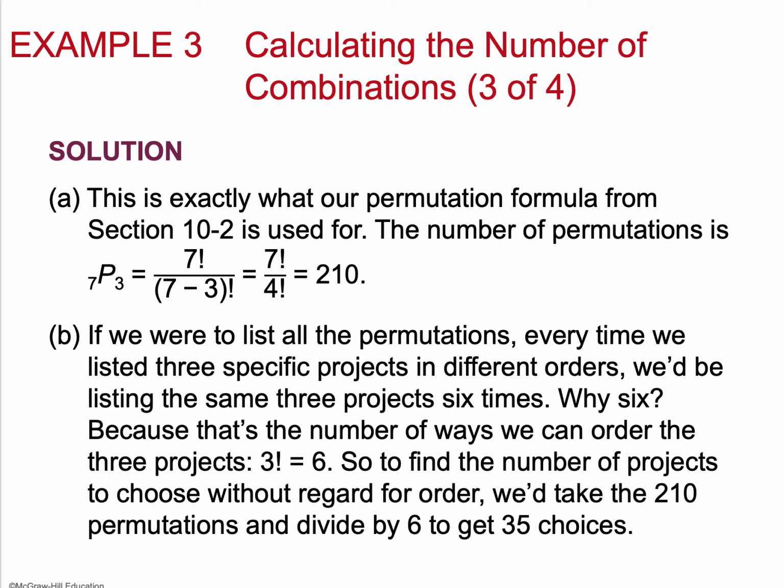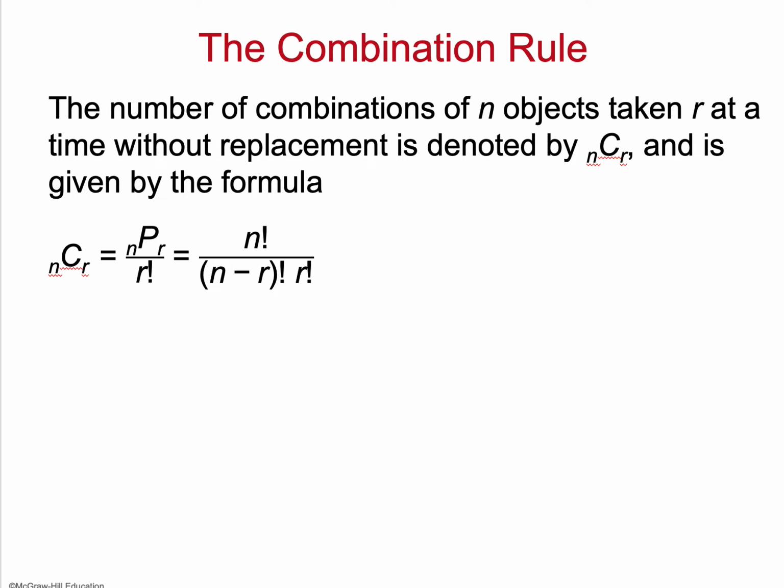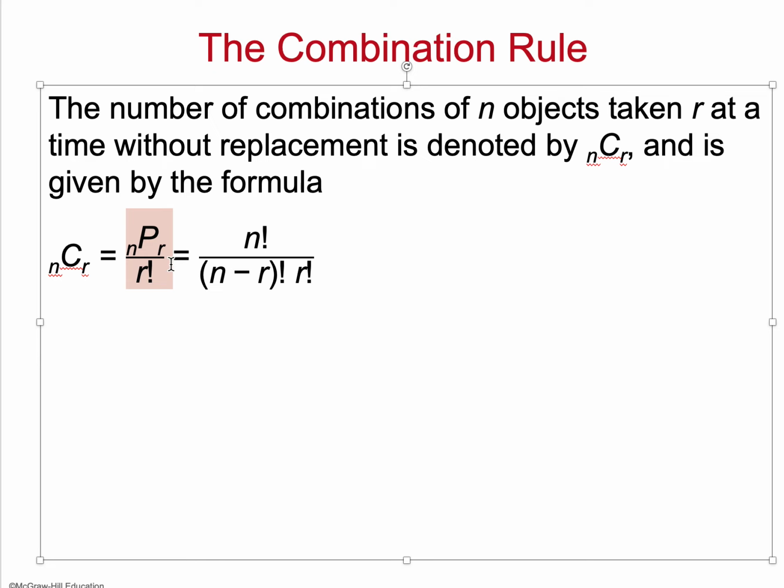So we would get a lot of complicated layers when we're using that in part B. In part C, if we want to generalize our result to calculate the number of combinations, then I would be dividing by the number of objects that I'm choosing, which gives you this new formula. And then finally, when I get to the combination rule, this is the formula used for combinations.